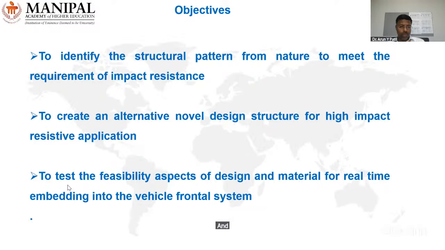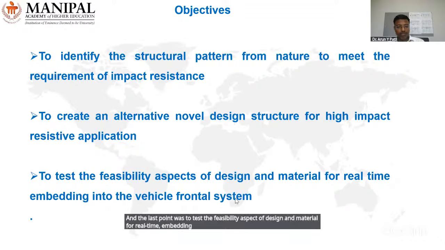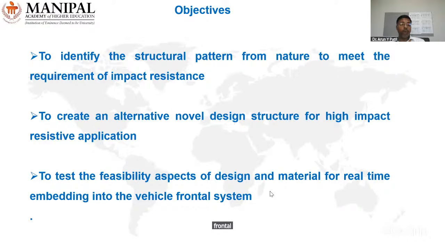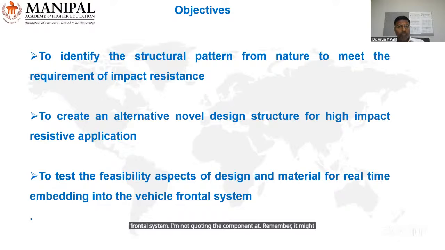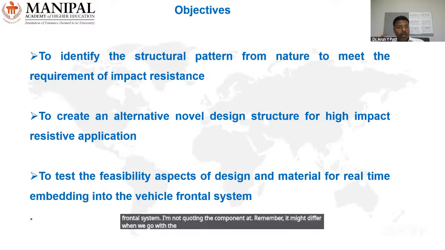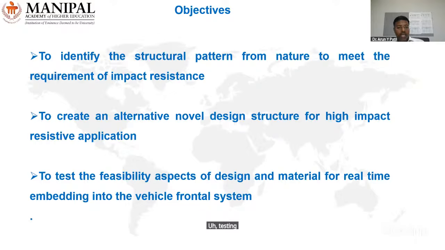And the last point was to test the feasibility aspect of design and material for real time embedding into a vehicle frontal system. I'm not quoting the component yet. Remember, it might differ when we go with the real-time testing. That's why I kept it generic.